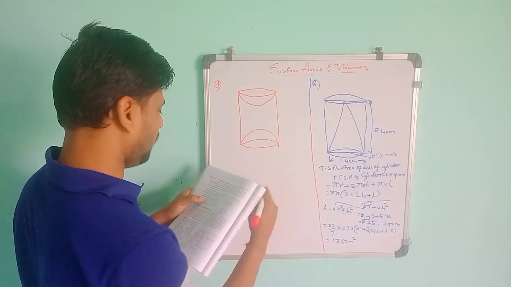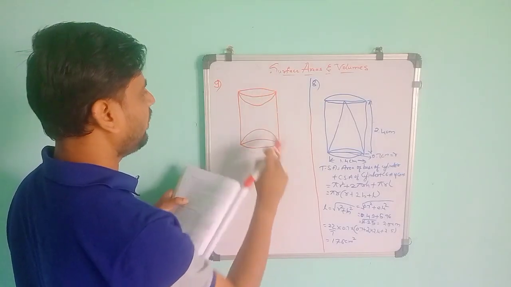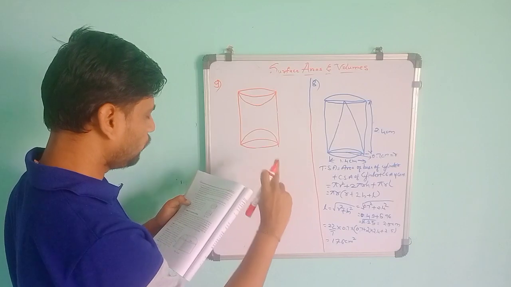So this is the cylinder, and this is the hemisphere. Each end means this end and this end, so you will have two hemispheres.